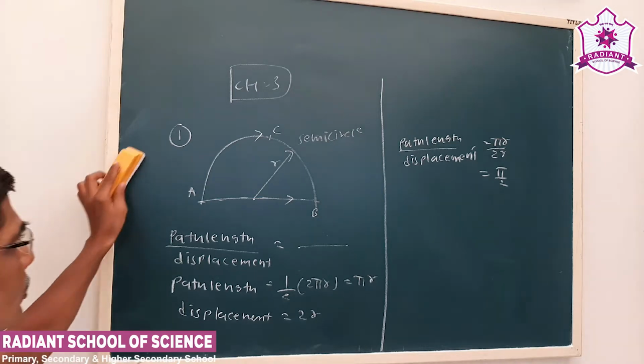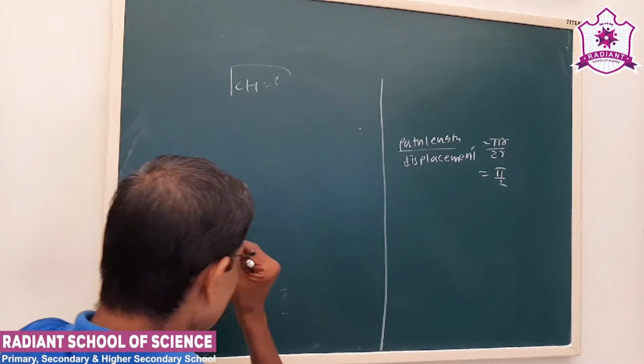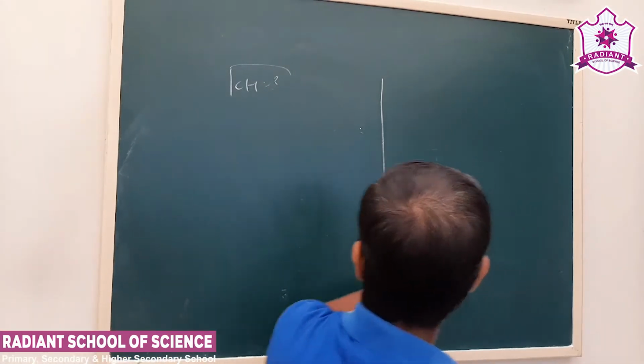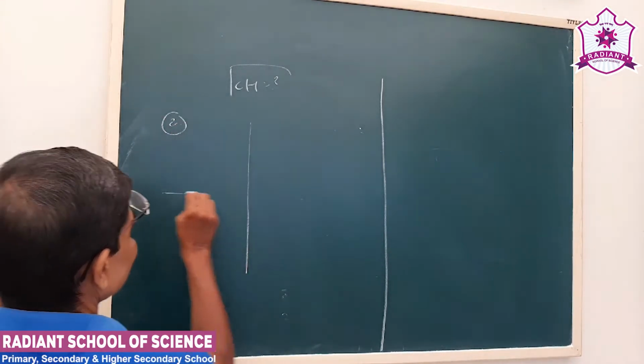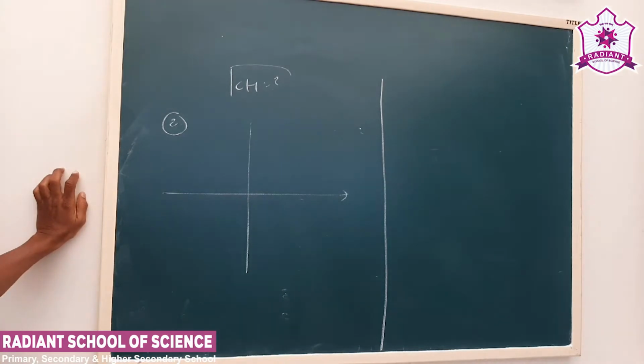See, another MCQ, that is MCQ number 2. An object performs rectilinear motion.